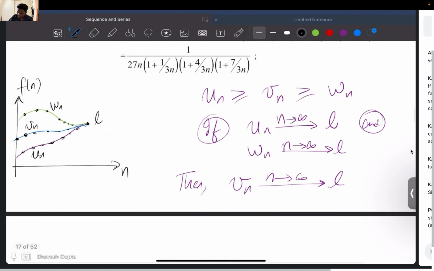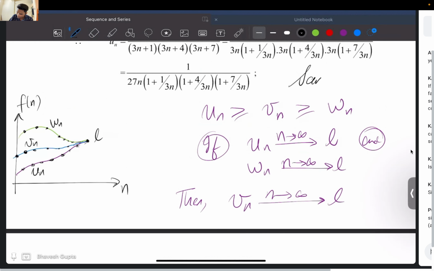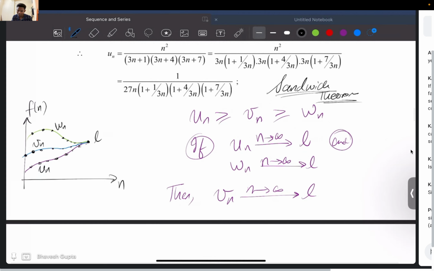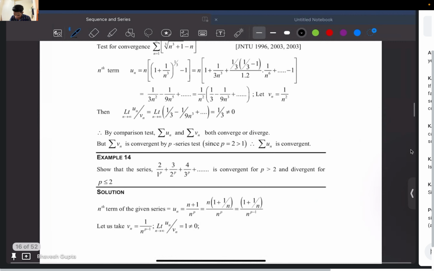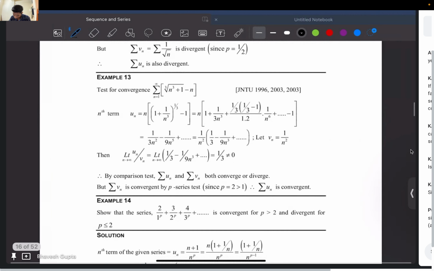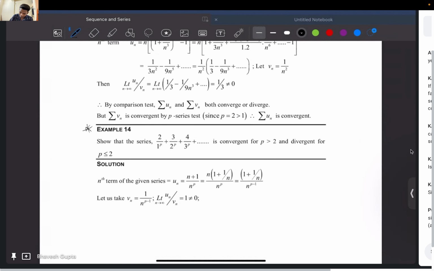So this is what is called the sandwich theorem. I guess sandwich theorem is a very casual name. I think there is a more accurate name for this, but I remember it as the sandwich theorem. This is also given in this PDF somewhere. This question is important, I would recommend you solve this problem.